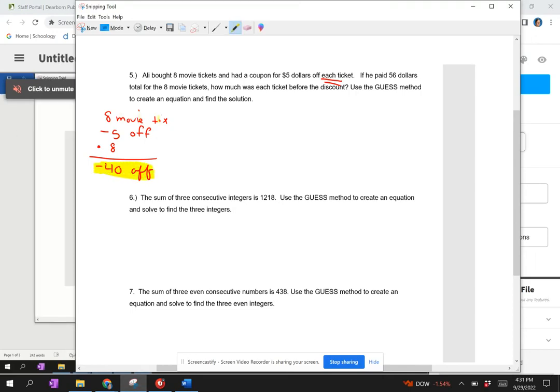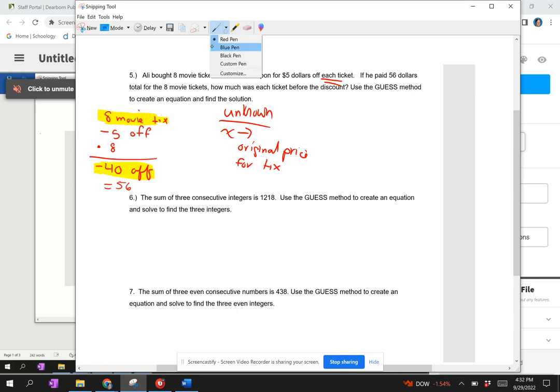So if you want to do that in the given, that is totally fine. It's up to you. And then it equals $56. So our unknown, what we're going to assign our variable to be, is the original price for the ticket.